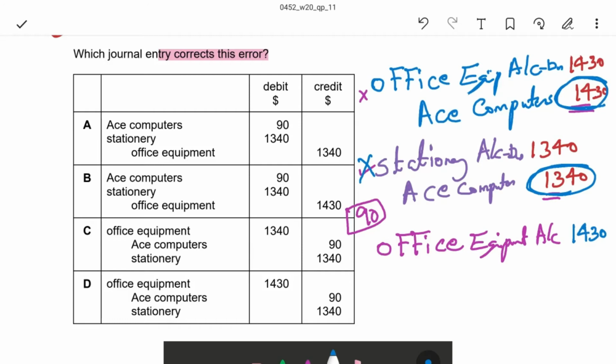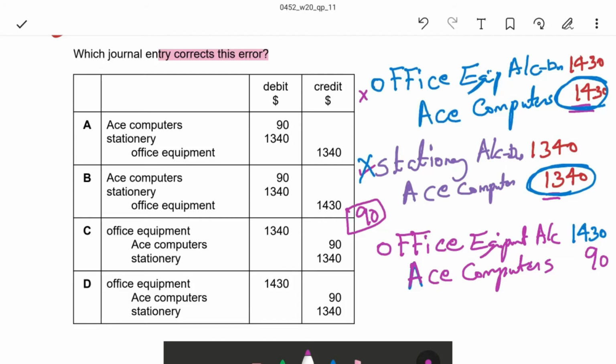This 90 again we have to enter on the credit side. Office equipment account debit 1,430, Ace Computers credit 90.